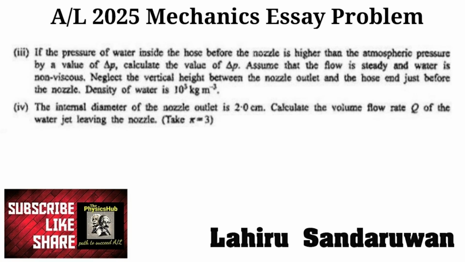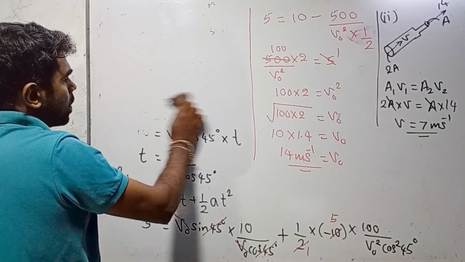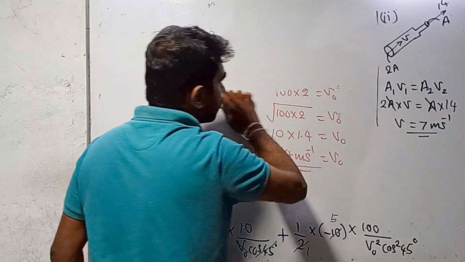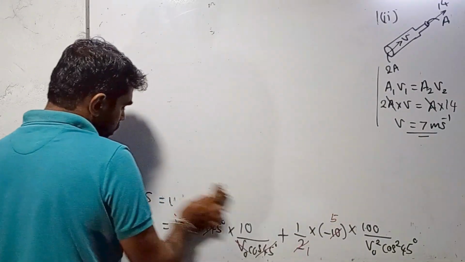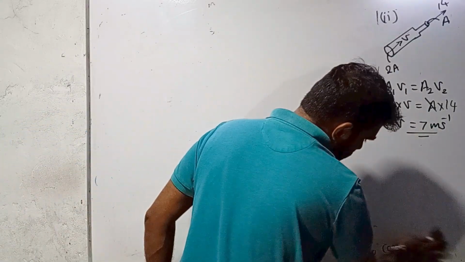Neglect the vertical height between the nozzle outlet and the hose end just before the nozzle. They have given the density of water as 1000. Now we can apply Bernoulli's principle. When applying Bernoulli's principle, I will draw a diagram to mark the corresponding points.